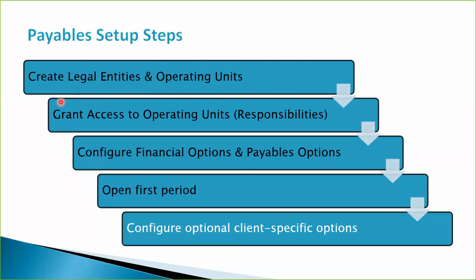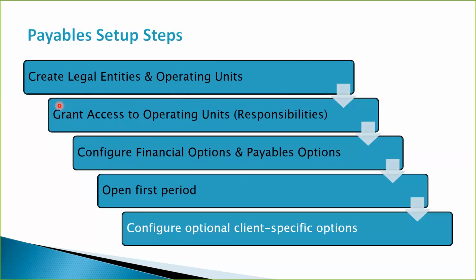The second step is going to be to grant access to these operating units through responsibilities, okay? Just the same way where we have a data access set, then we assign it to a responsibility, then we assign that responsibility to the user. That's the same way we are going to do for payables, whereby we have the operating unit that we have created.